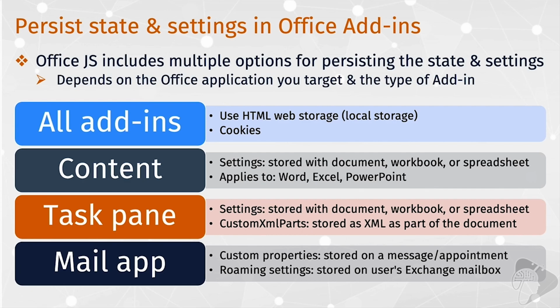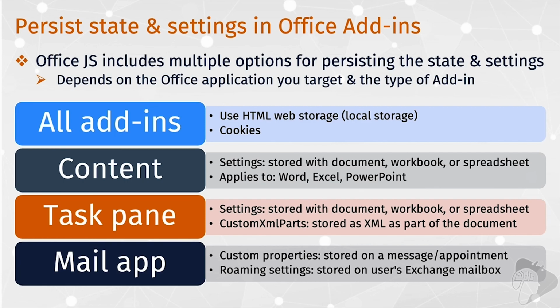All add-ins can use the HTML web storage or other techniques available via the underlying browser control. This is things like the browser local storage, cookies, etc., because they're all running inside of a browser, just inside of the Office client.